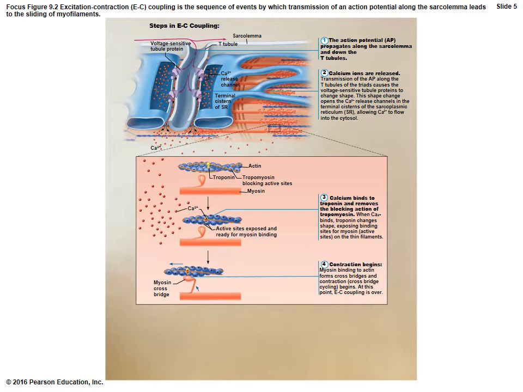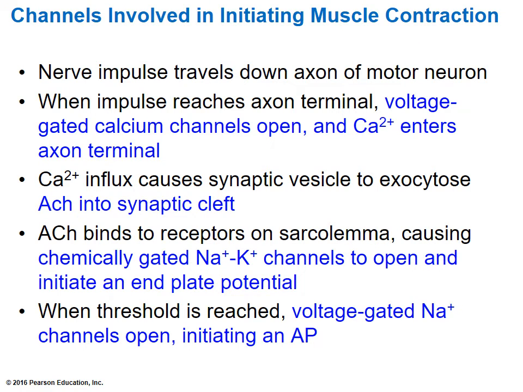And when it does so, it will expose the binding site so that the head of the myosin can interact with the actin on the thin filament. And then we have our cross bridges, our physical connection that has occurred. So I cannot overestimate the importance of the whole calcium release.